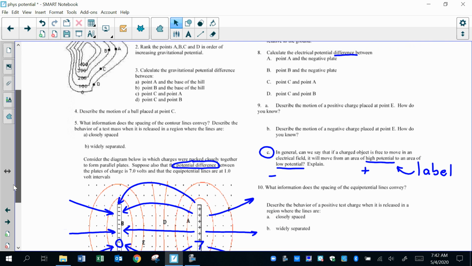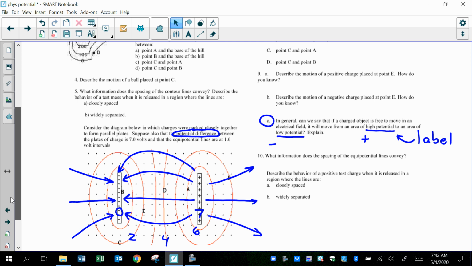What do we have down here? In general, can we say that if a charged object is free to move in an electric field, it will move from an area of high potential to low potential? Well, high potential is the positive side. Low potential is the negative.